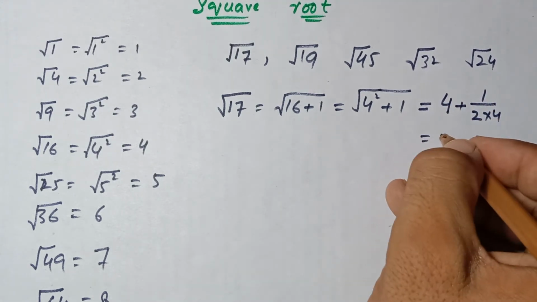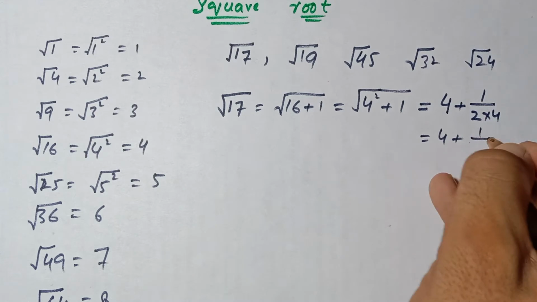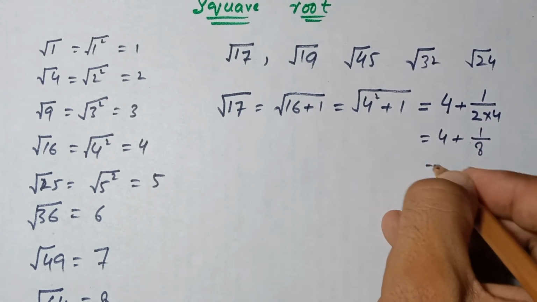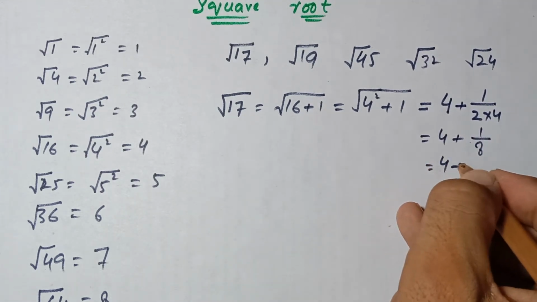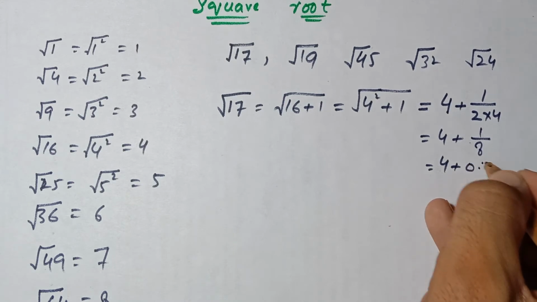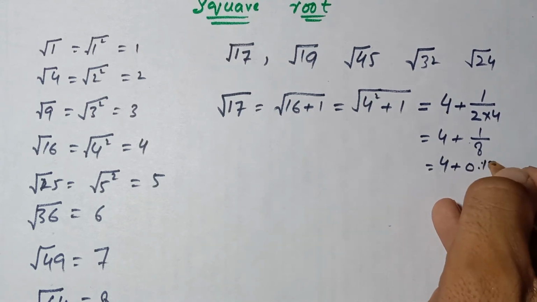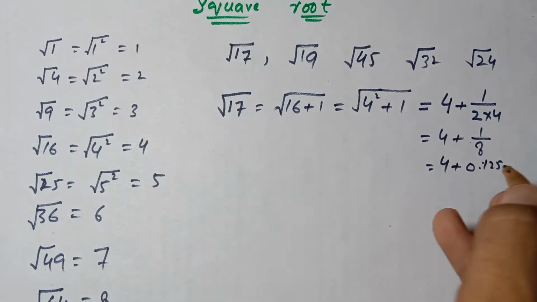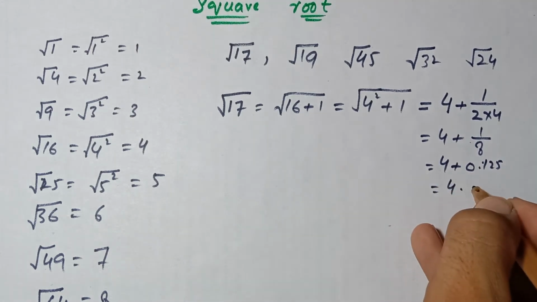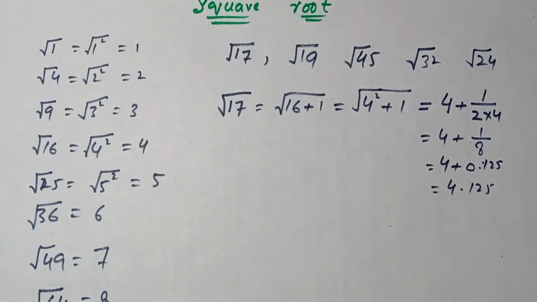So that is the square root of this one. So 4 plus 1 by 8, which is equal to 4 plus 0.125, which is equal to 4.125.